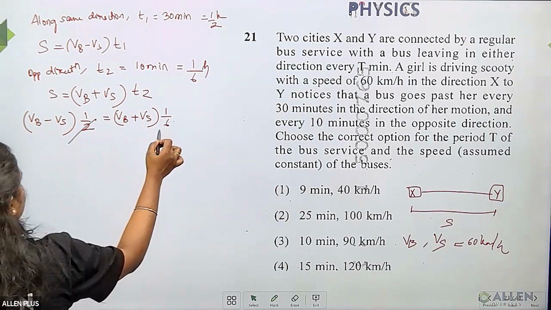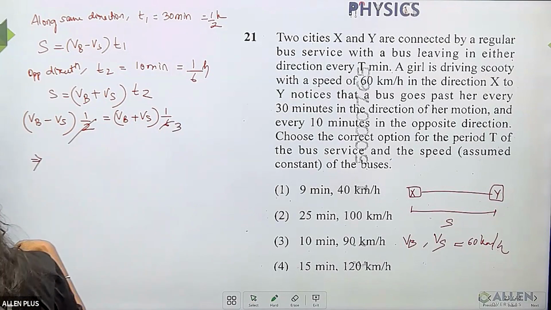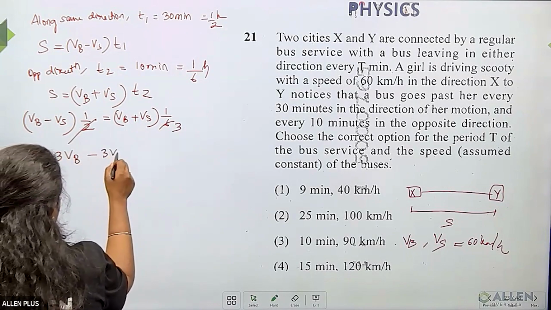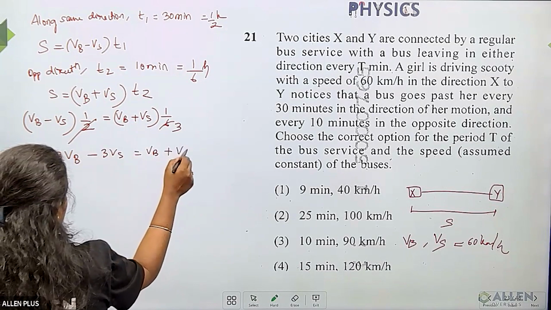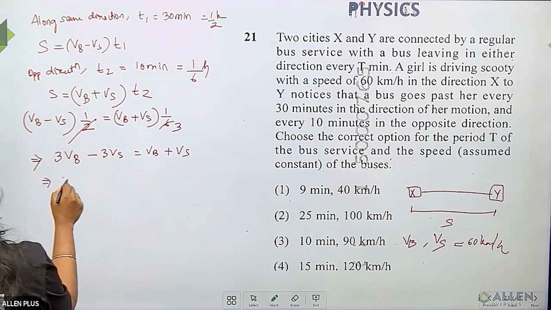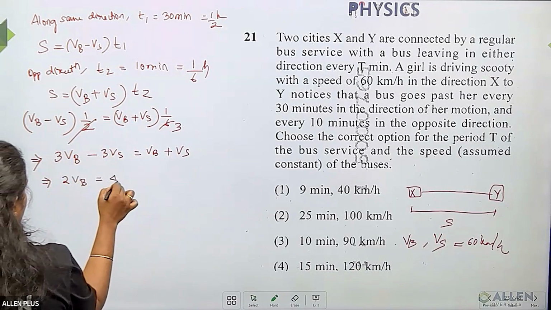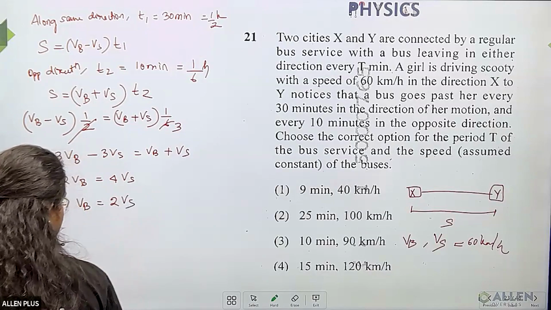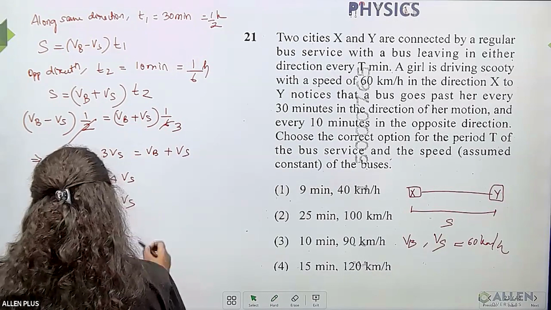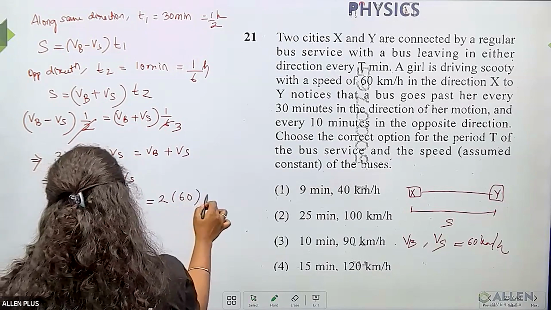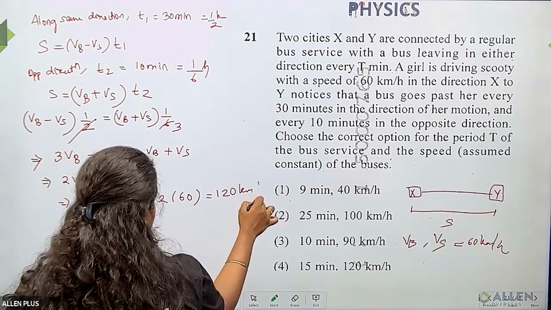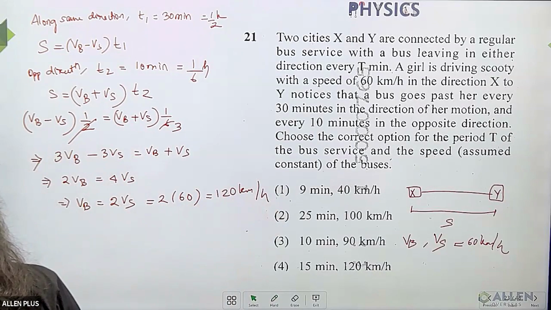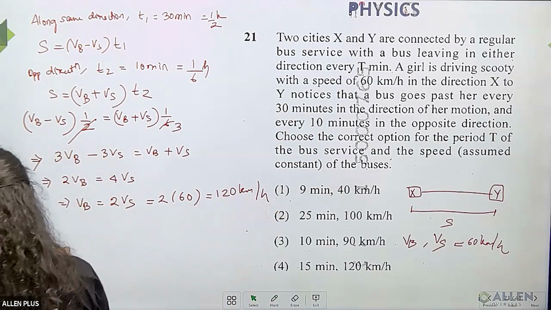From here, 3VB minus 3VS is equal to VB plus VS. Or I can say 2VB is equal to 4VS, or VB is equal to 2 times VS. 2 times VS is equal to 2 into 60. This is equal to 120 kilometer per hour. Okay, now how will you find the time interval?